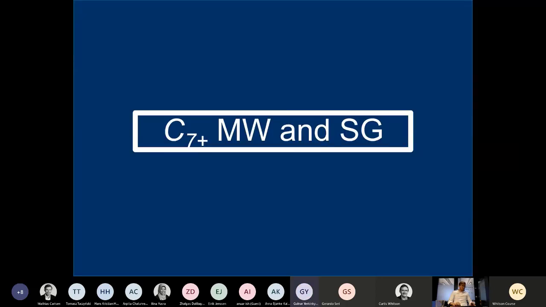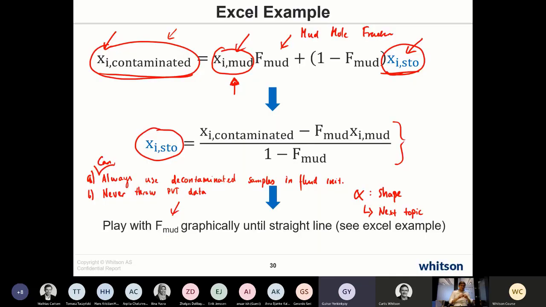Regarding the last discussion, for example, your sample at the lab, and you know the contamination, for example, 60 or 70%, and you have a decision whether or not to go with the PVT experiment.